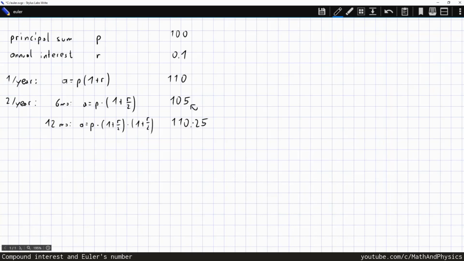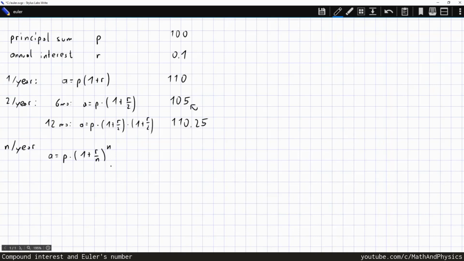But let us focus again on compounding frequency and generalize this to n times per year. So after a year, we would end up with A equals P times 1 plus R over n, and this gets paid out a total number of n times, so we can just put this to the nth power.